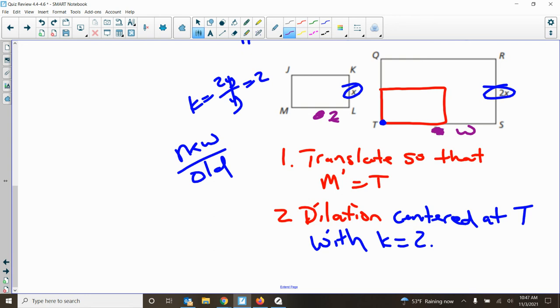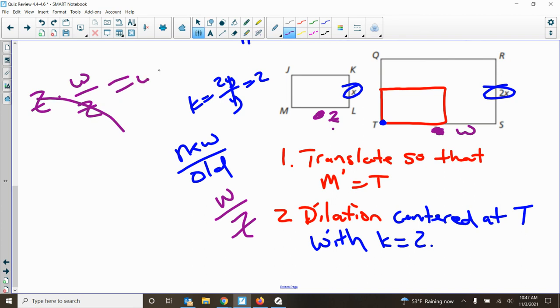Well, it's still just new divided by old. So if you said dilation with a scale factor of W over Z, you'd be absolutely right. New length is W, old length is Z. If I multiply Z by W over Z, don't the Z's cancel, leaving W? Okay. So don't make this complicated.